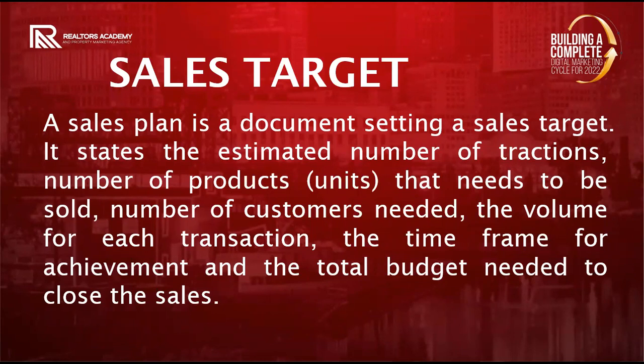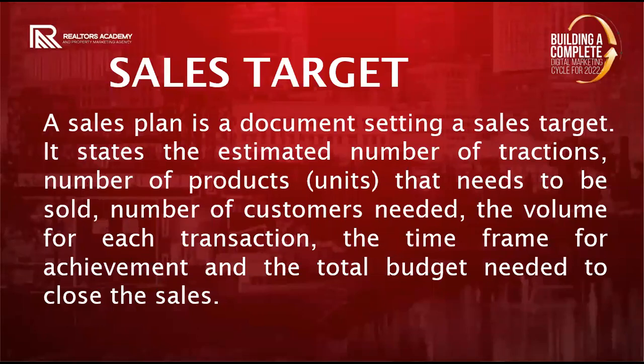But the question is, most of you don't know the number of transactions you need to get, the number of products you need to sell, the number of customers you need. Let's say you want to sell 200 plots of land. Do you need 200 customers to sell the 200 plots of land? You need to state it so you know that you are looking for 200 customers, right?